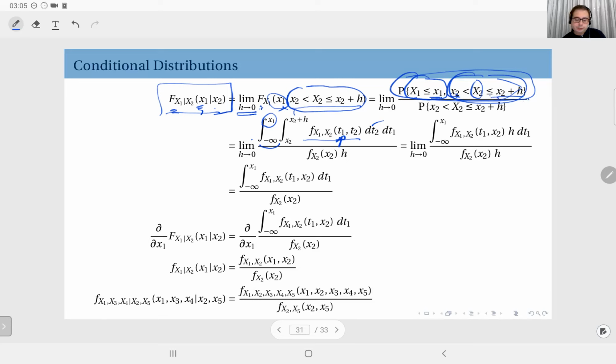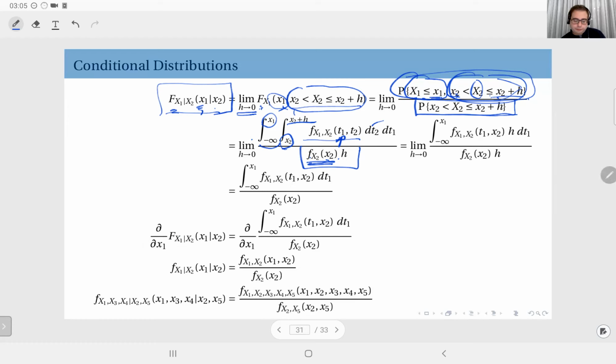So the integration limits will be x2 to x2 plus h. And for the denominator probability, you can just write the PDF value of x2 times h, because this was what we derived when we talked about PDFs for single random variables.